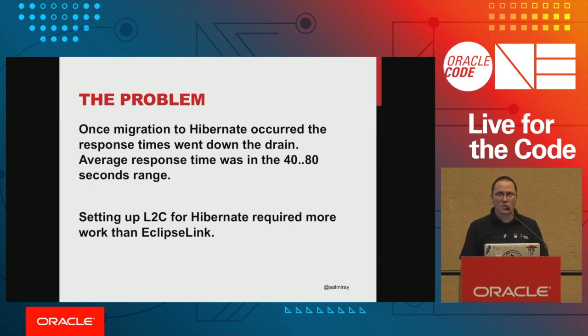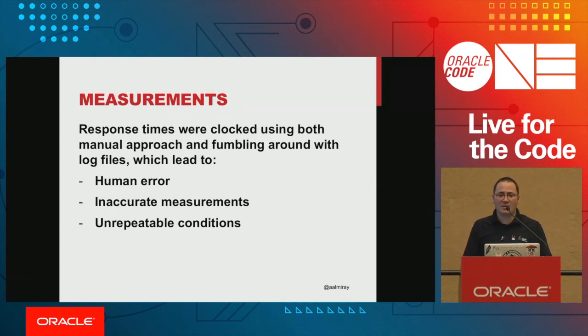So we needed a way to set up Hibernate to give us at least the same benefits as EclipseLink, or even better performance. The measurements that we had at the time were all done manually, so they were error-prone because we're humans. We will make mistakes.